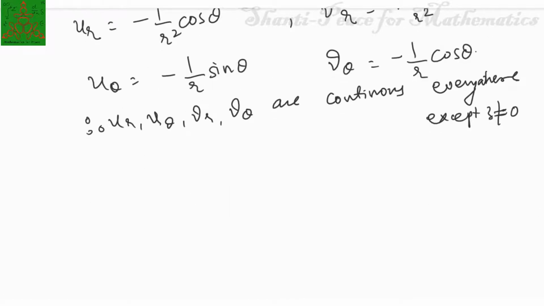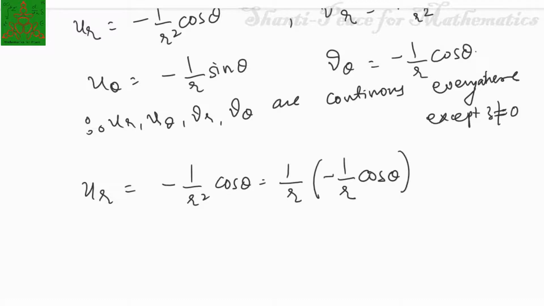And you just note that ur is minus 1 upon r square cos theta, that I can write as 1 upon r times minus 1 upon r cos theta, and this minus 1 upon r cos theta is v theta, so that is 1 upon r v theta.